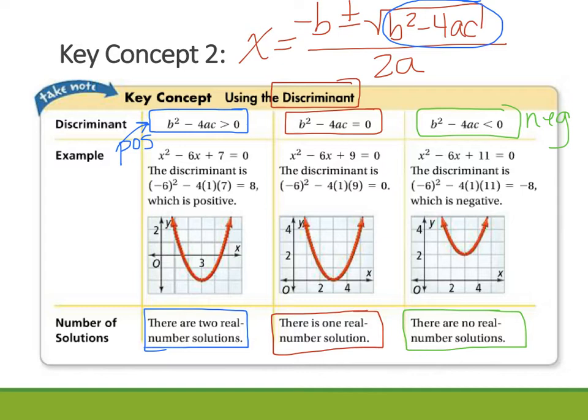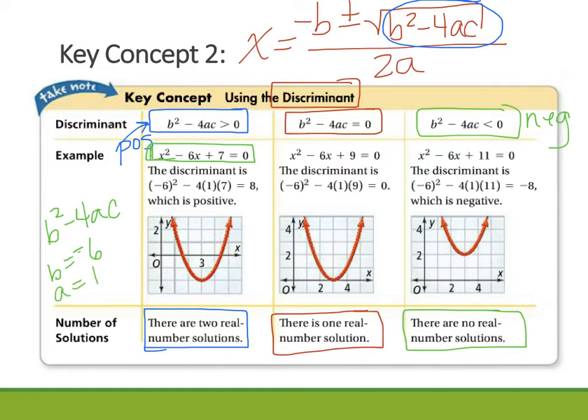So notice here, if x squared minus 6x plus 7 is equal to 0, as is the case of this quadratic, the discriminant is found by taking b squared minus 4ac. So the value of b in that case is negative 6, because it's the linear term, it's that middle term. The value of a is the first number here.